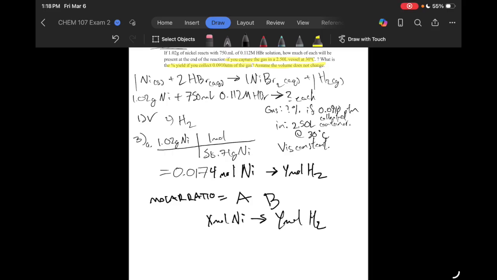So we know that the conversion factor is going to be the ratio of their coefficients from the balanced formula. Ni has a coefficient of 1, and H2 has a coefficient of 1. So in other words, for every 1 mole of Ni, we produce 1 mole of H2. And the reverse is also true. For every 1 mole of H2 that gets produced, we have 1 mole of Ni that reacts.